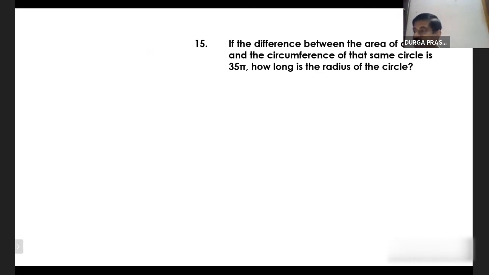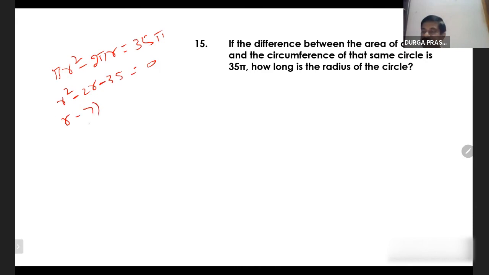If the difference between the area of a circle and the circumference of that same circle is 35 pi, difference means pi r square minus 2 pi r equal to 35 pi. How long is the radius of the circle? So pi gets cancelled, so you'll get it as r square minus 2r minus 35 equal to 0. So this can be written as r minus 7 into r plus 5. So r equal to 7. So let us see which option is r equals 7. Option D. Please note it fast, quick.